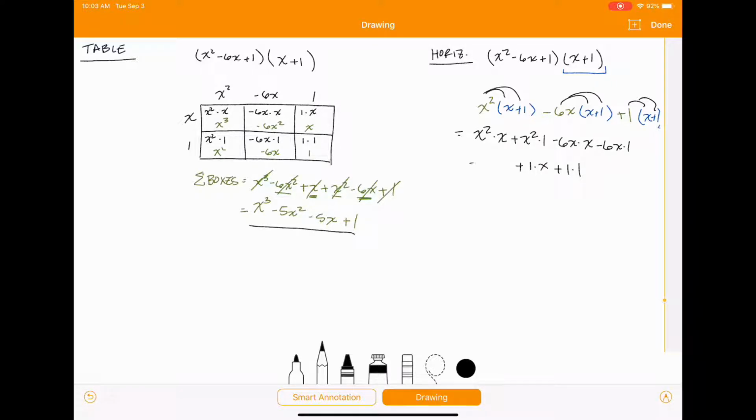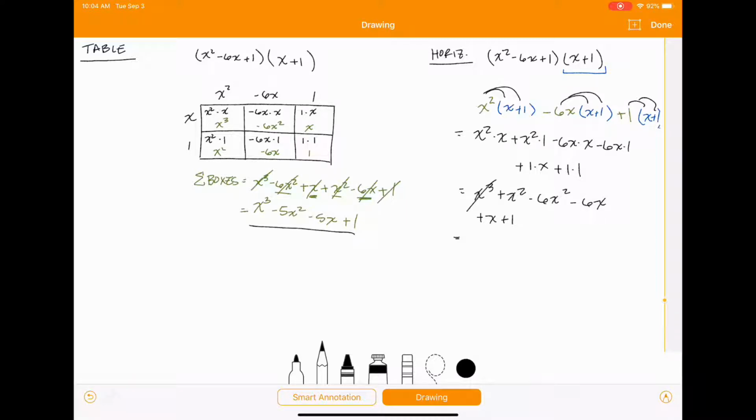And again, you just simplify that. So x cubed plus x squared minus 6x squared minus 6x plus x plus 1.